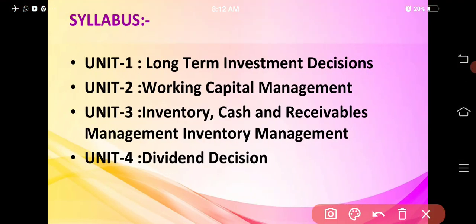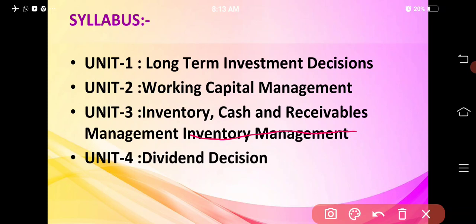In unit number 3, we are going to study inventory, cash and receivables management.